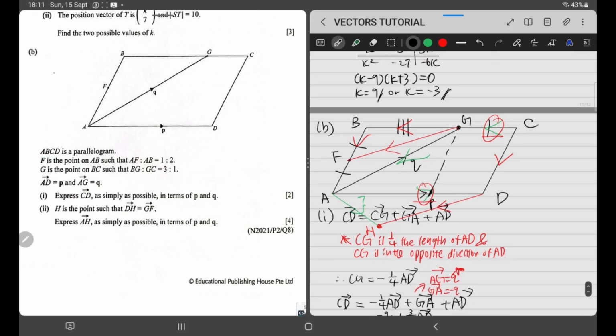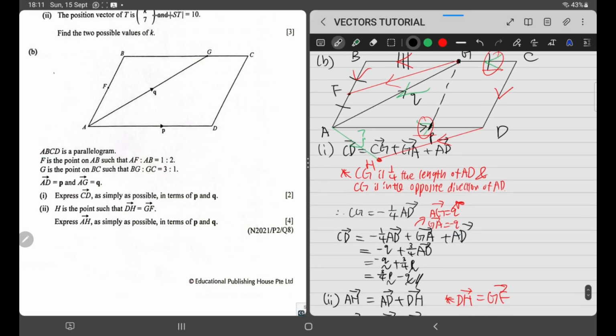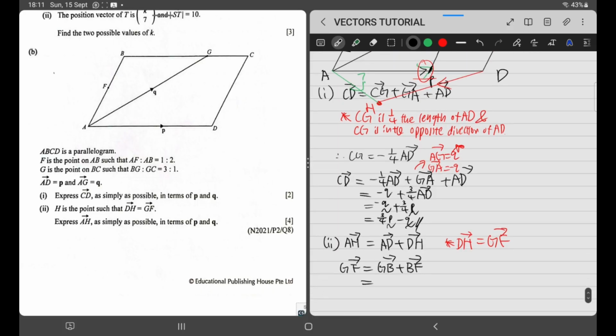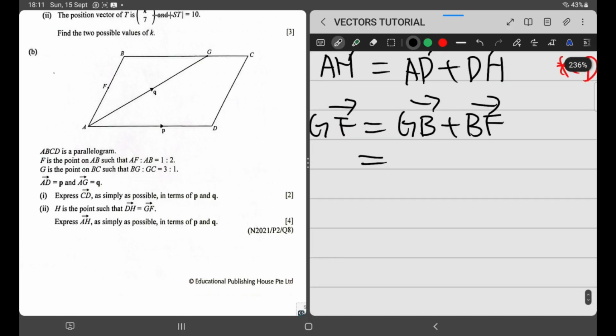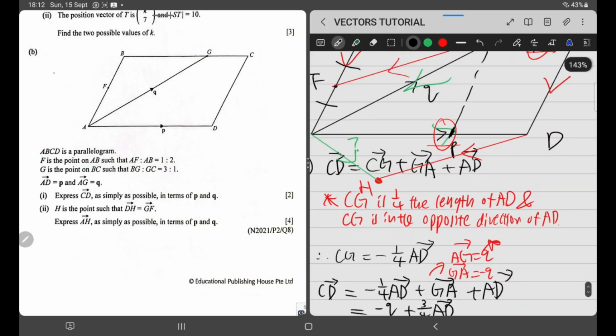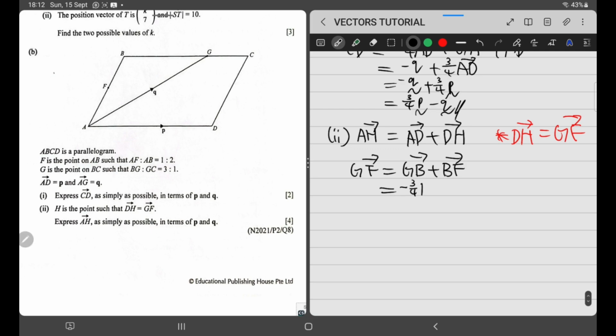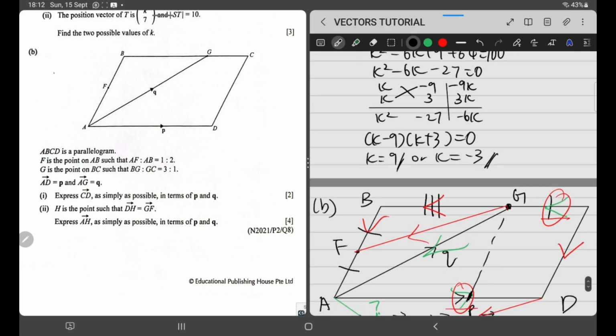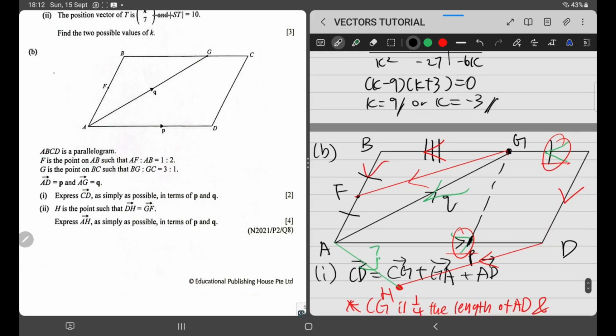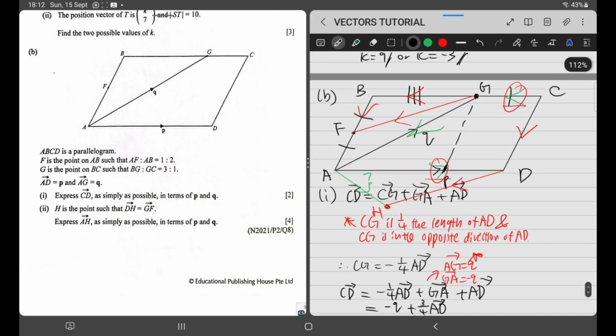So G to B, GB is just negative 3/4 of AD. Because first the length is 3/4 and then second it is in the opposite direction. So you just put the negative to flip the direction. And then BF is just half, right?